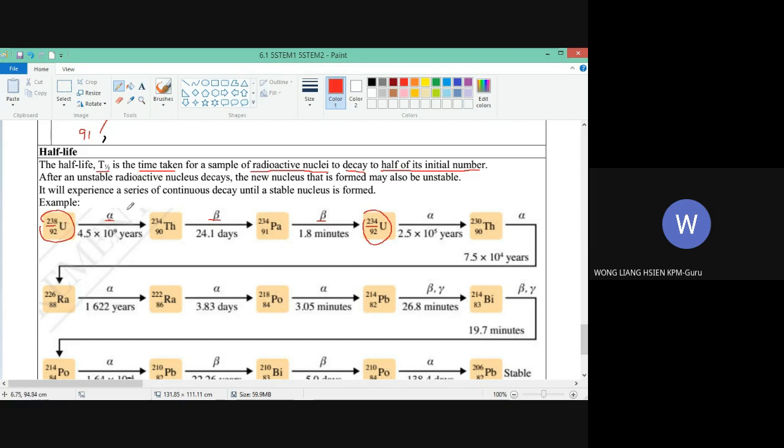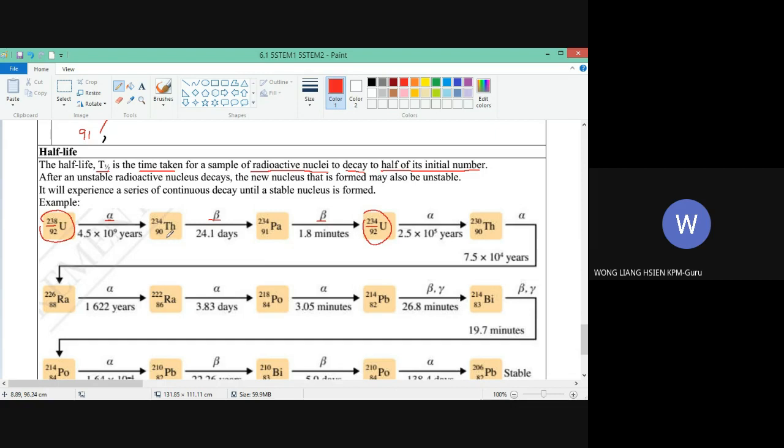So, after undergoing radioactive decay, this thorium-234 is still unstable. It is more stable, but it is not yet stable. Understand? After uranium-238 decays, it becomes thorium-234. This thorium-234 is more stable than uranium-238, but thorium-234 is still unstable.